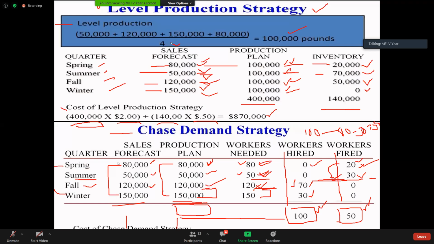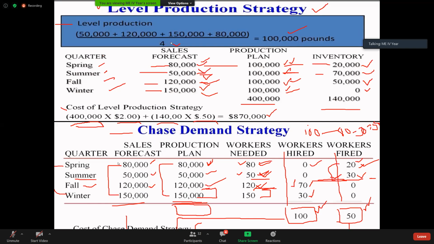Okay, it means finally annually you have to calculate, right? So that's why you have 100 employees you hired, so per employee you have to pay $100. Similarly, you are firing also. So 50 into per employee, that is 500. So totally you have to sum up, you can get 8,35,000.